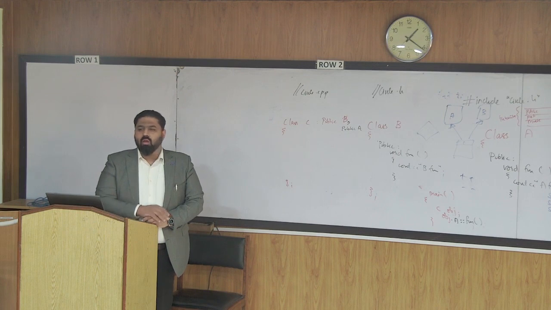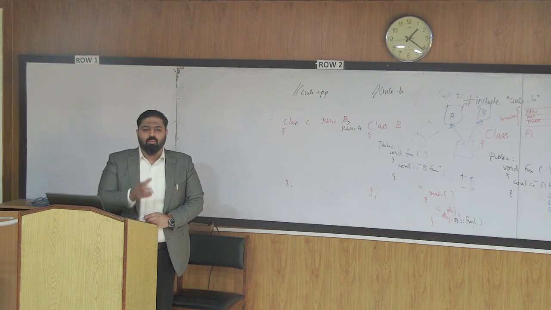The answer was, of course, individual marks are also required, but for that we have to save those marks somewhere. In order to save those marks, we need that many memory locations, isn't it?